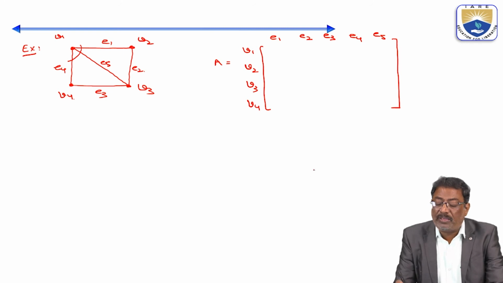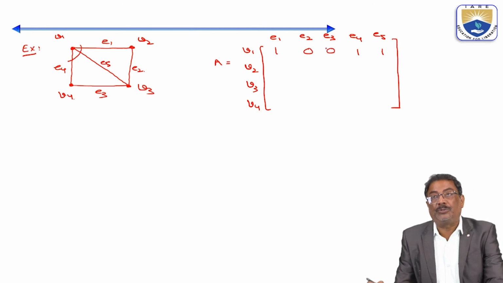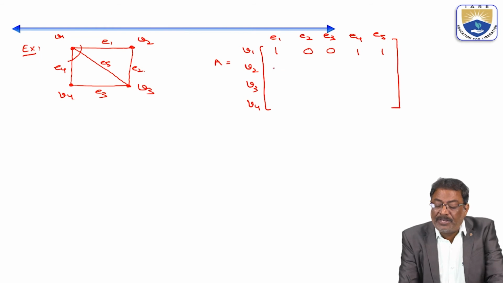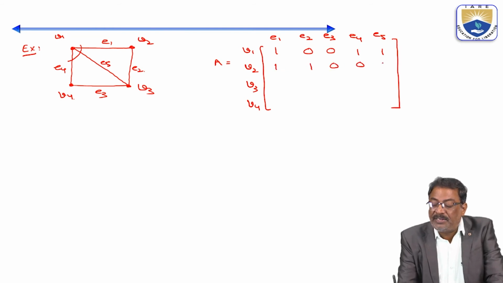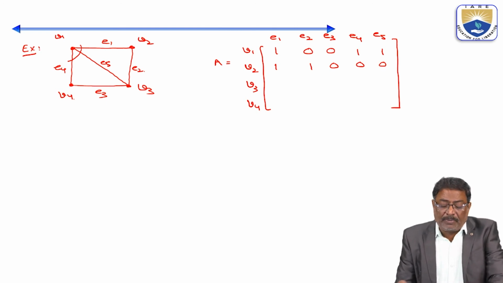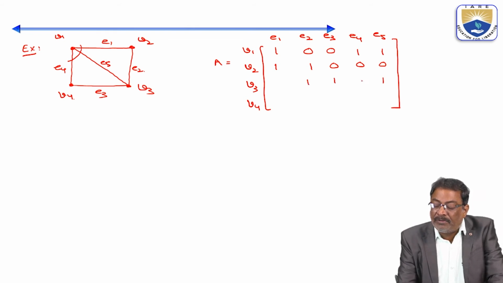E1, E4, E5. The remaining are zeros. Then V2: E1, E2, and the remaining are not incident to that vertex. Then V3: E2, E3, E5. So E2, E3, E5 are the incident edges.